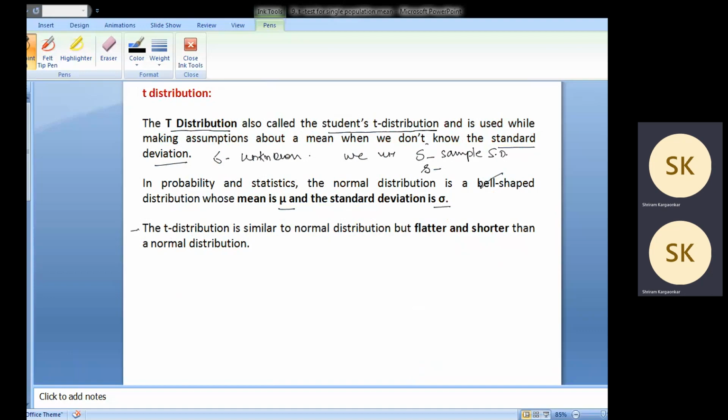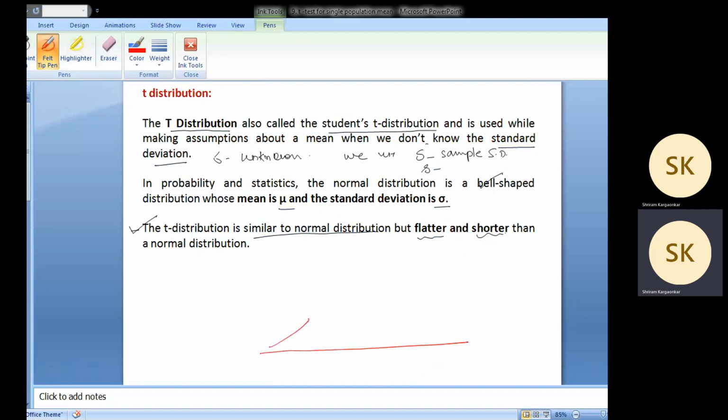The t distribution is similar to the normal distribution, but it is flatter and shorter than the normal distribution. Let's see through the diagram. This is our regular normal distribution curve.